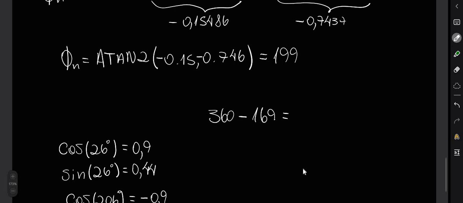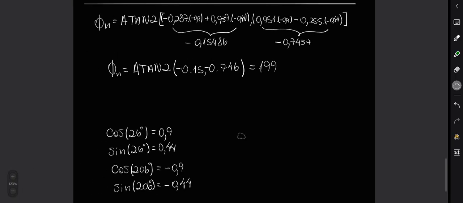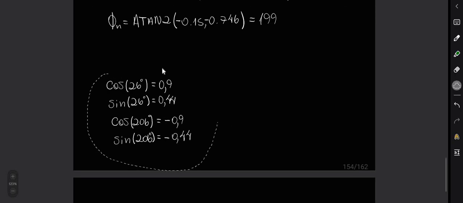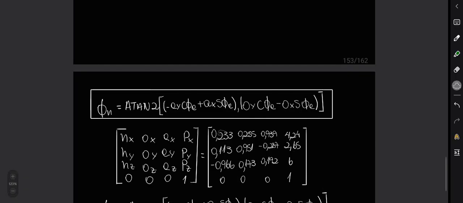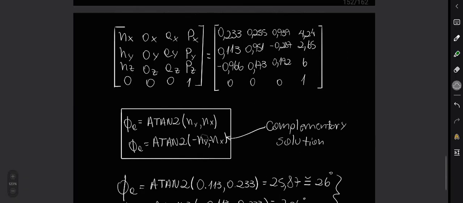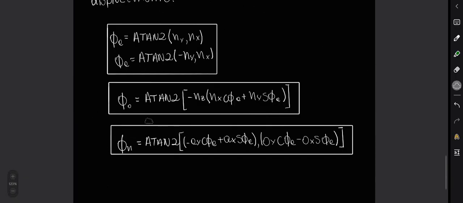And this value is also diverging from the book, and now I'm confused. What I will do is calculate phi O and see what we get also. So let's do it for phi O.